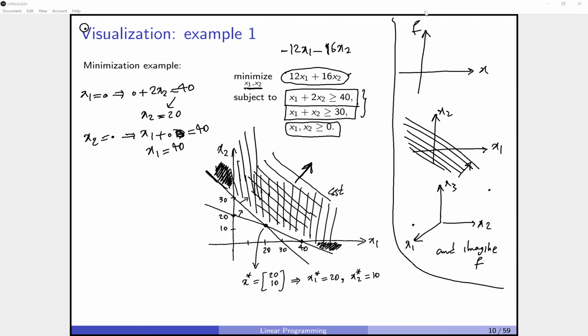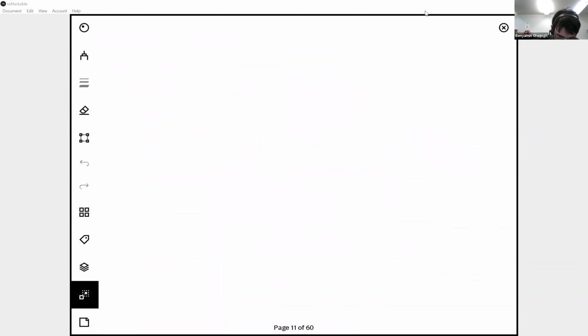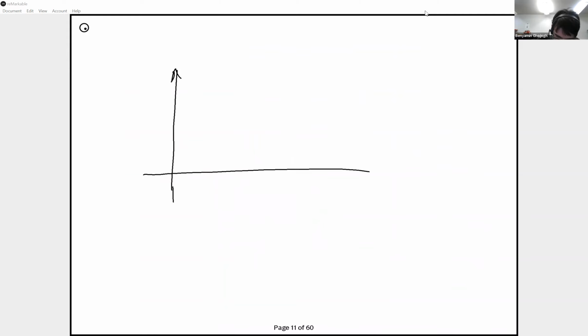Well, in this case, is it not where the two equations are equal to each other? No, what I mean is this. Assume you have a polyhedron like this, right?